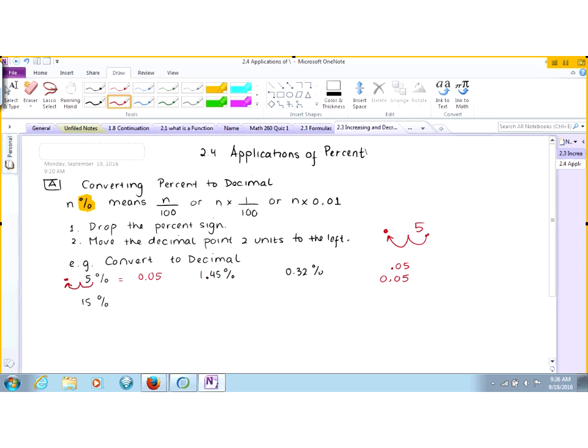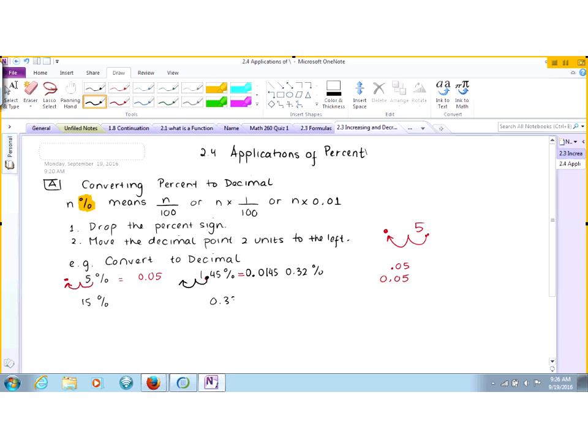Now what about 1.45%? This is your original. So what do you do to it? Move the decimal to the left, 1, 2. So this will be 0.0145.